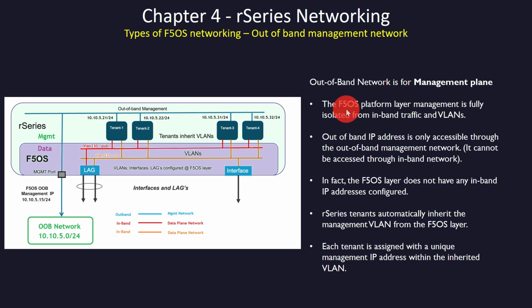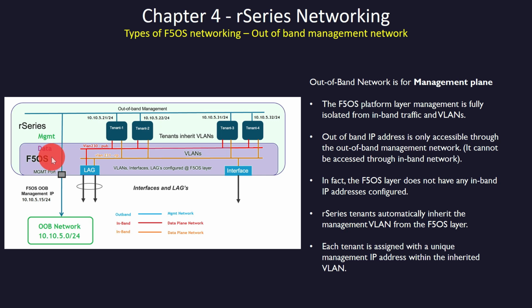The F5OS platform layer management plane is fully isolated from the in-band data plane. This picture shows two colors, green for the management plane and purple for the data plane. I will simply put it: the management plane, green, is completely isolated from the data plane, purple.